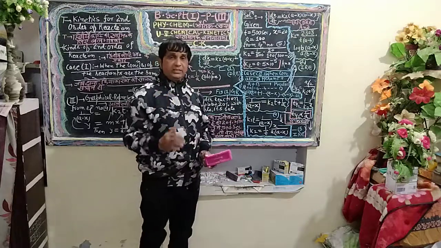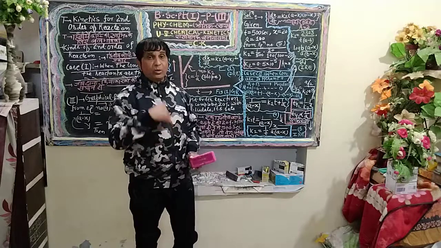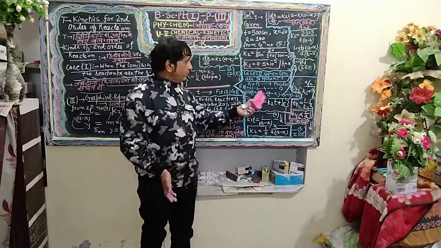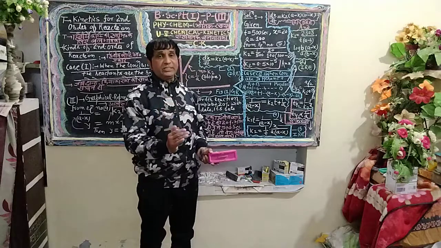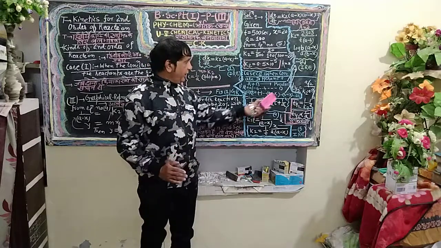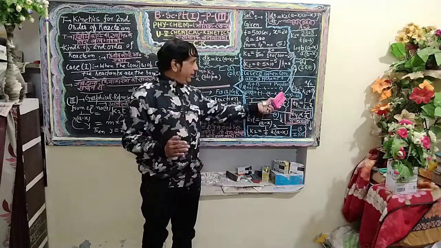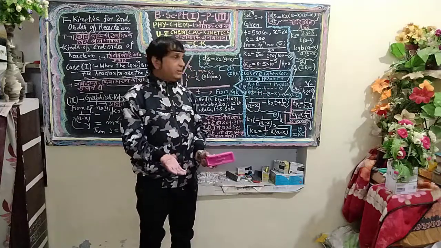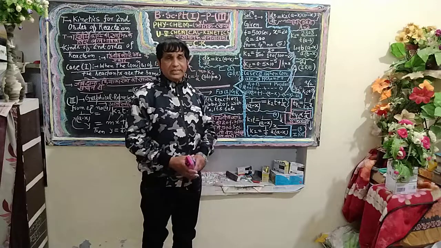Next, at instantaneous time t is equal to t, x is the amount of A dissociated, and similarly x of B is dissociated to form twice x.